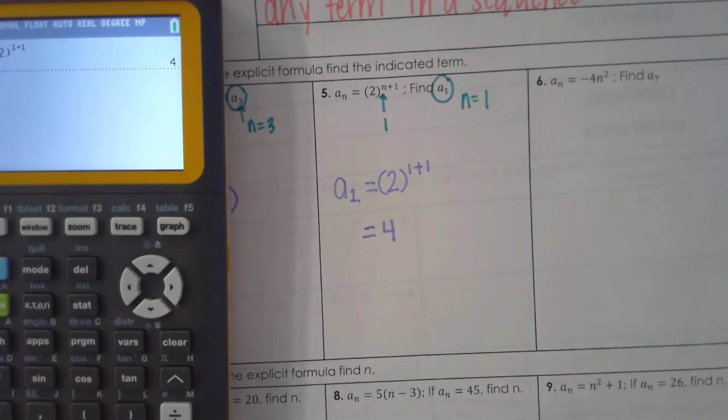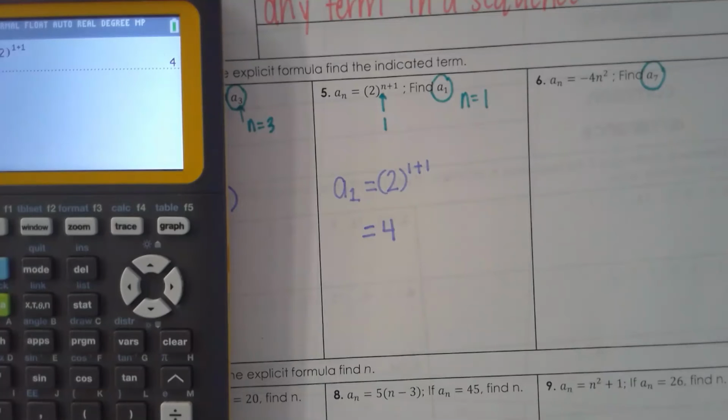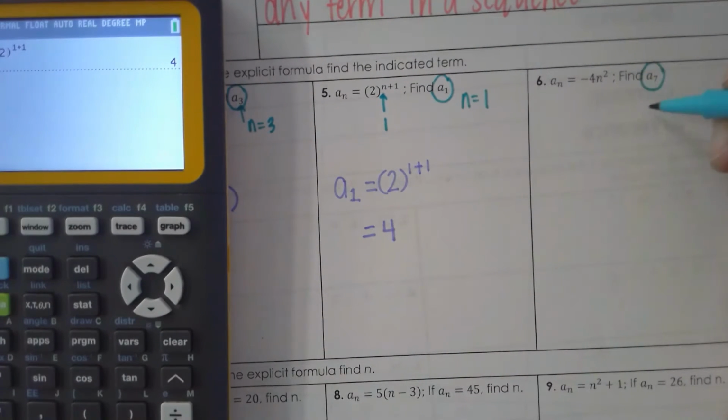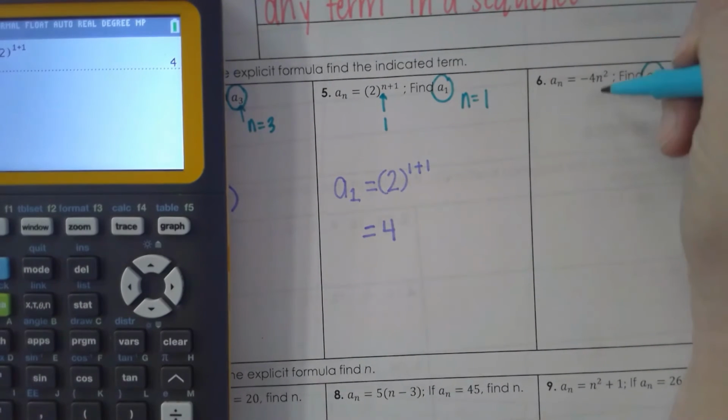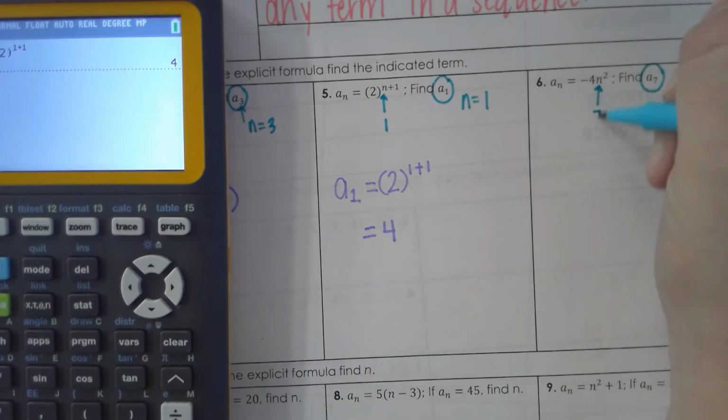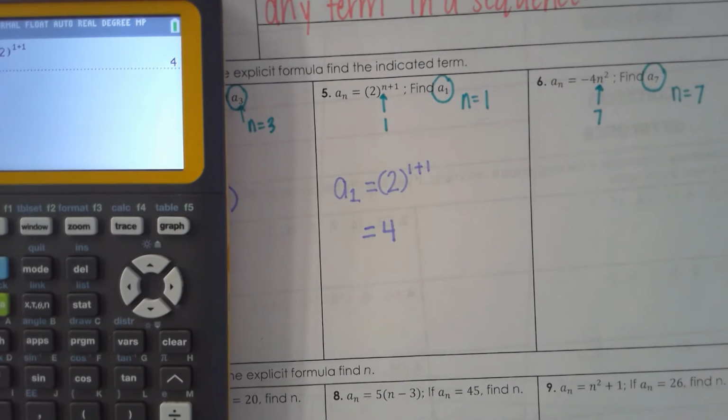And then number 6, it's asking for A7, which is the 7th term. And so my n is what? 7. So I'm going to put a 7 in the n spot.